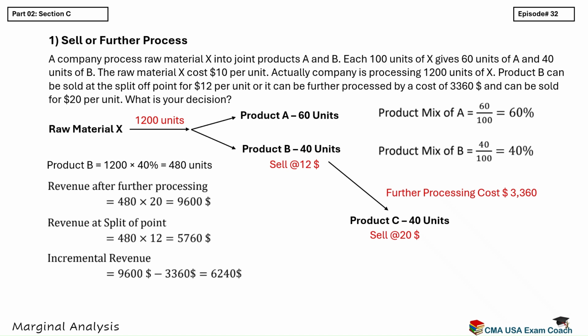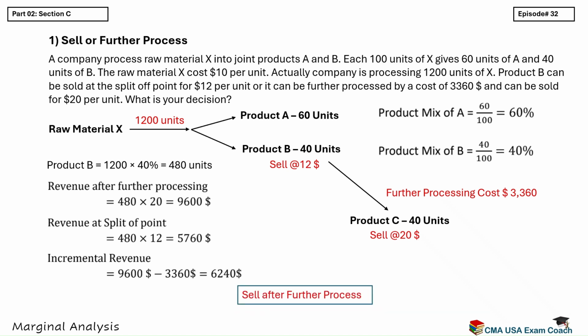But we have to spend $3,360 to do the further processing. Now let's calculate the incremental benefit of further processing. Revenue after further processing equals $9,600. Less, further processing cost equals $3,360. Net benefit equals $6,240.